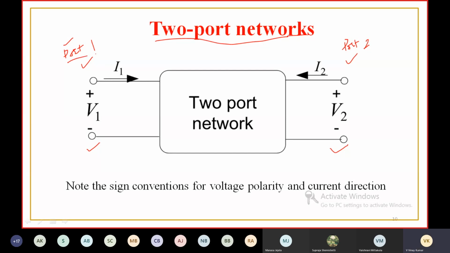This is port 1, which is called the input port, whereas port 2 is called the output port.